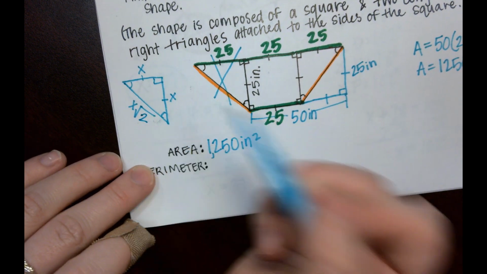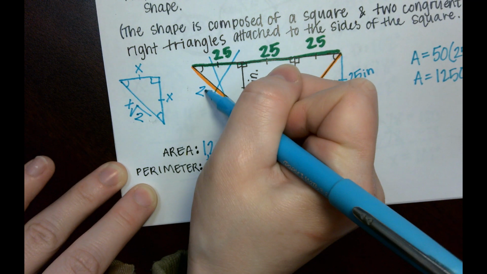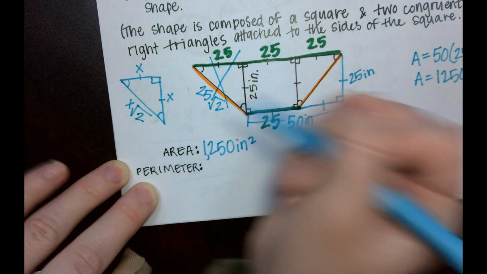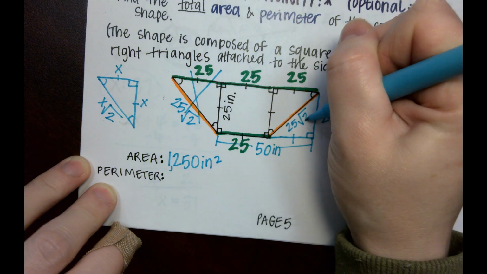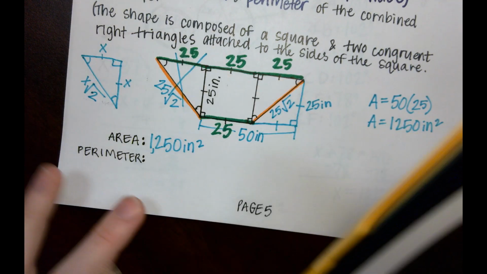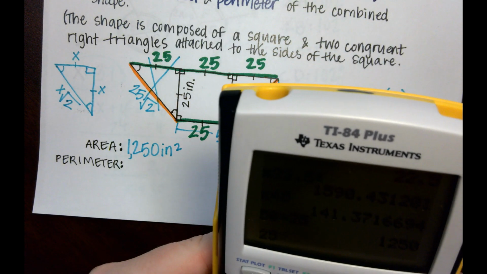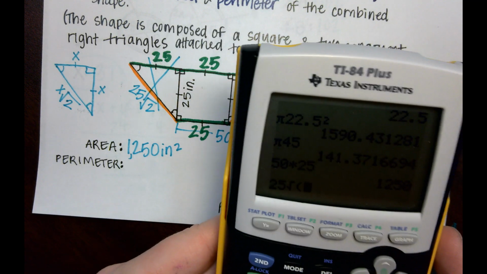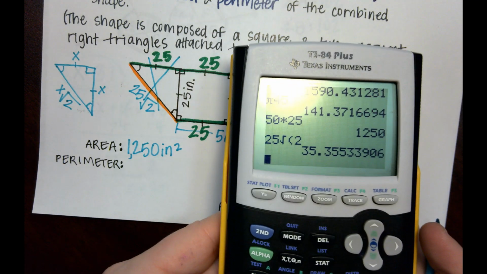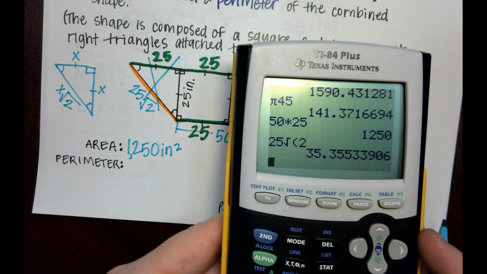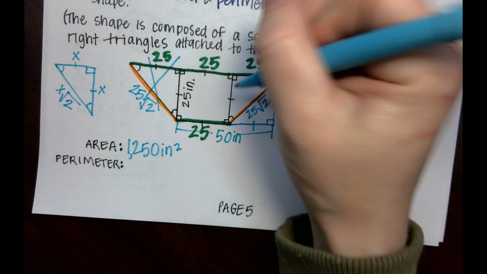So if x is 25, then this must be 25 radical 2. So let's see what that gives us. 25 radical 2 does 35.36. Perfect. 35.36.